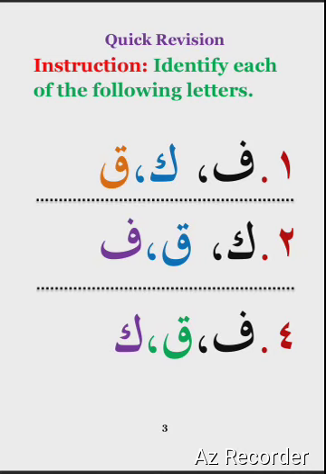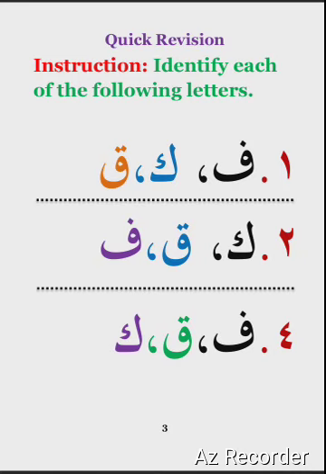The shape of the head of Ghaynun is flat, and the shape of the head of Fa'un is round. So the one dot written on Fa'un differentiates Fa'un from Qafun.